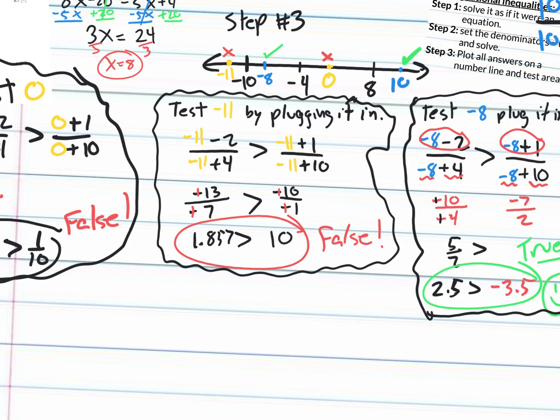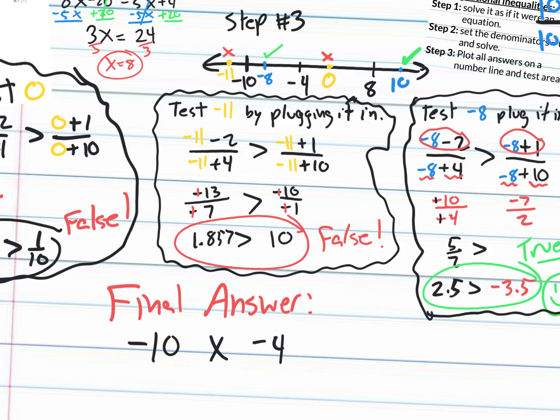So our final answer is the area between -10 and -4. You're going to write that as a compound inequality: -10, -4, x in the middle with less than symbols.